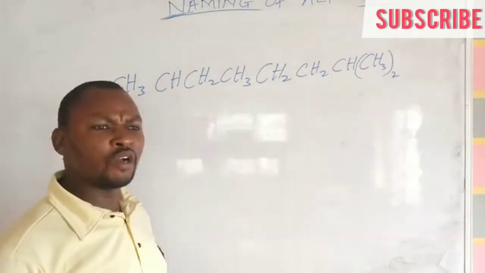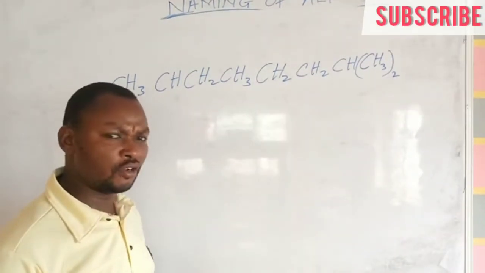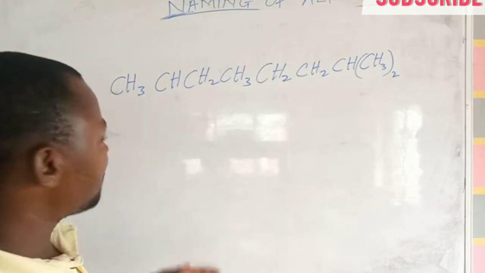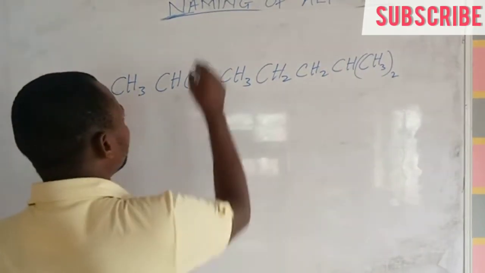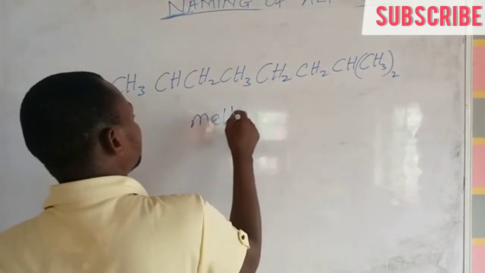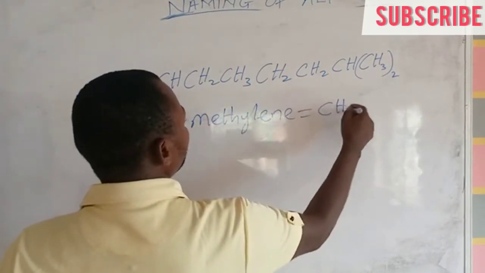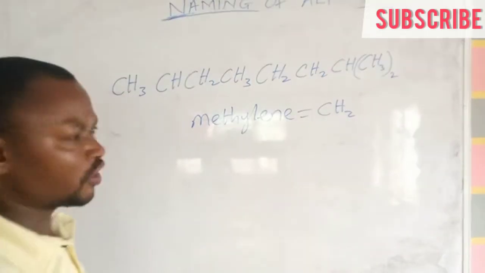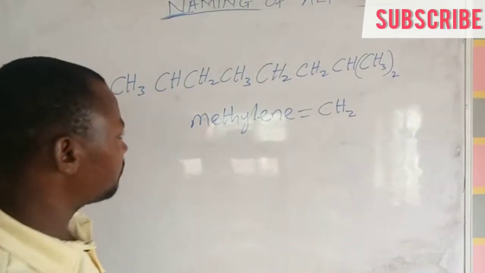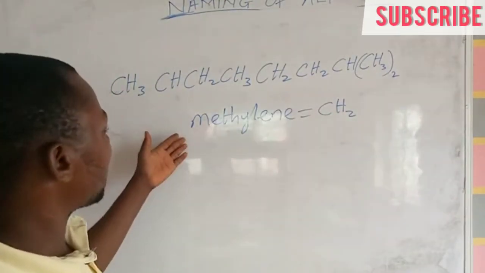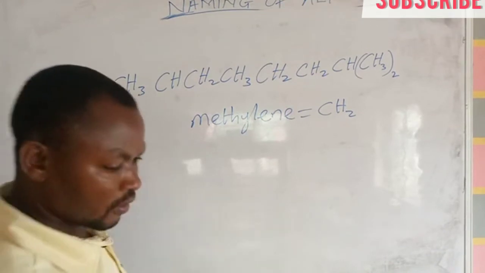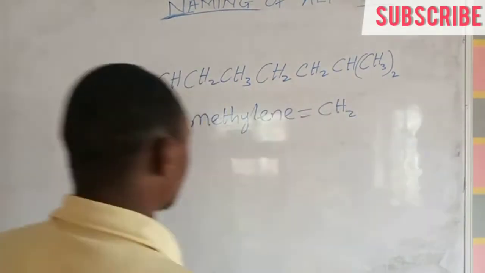So when you want to name and you see a straight chain, you have to check. Methylene is CH2. So when you want to name, you are going to check, because this is a straight chain.